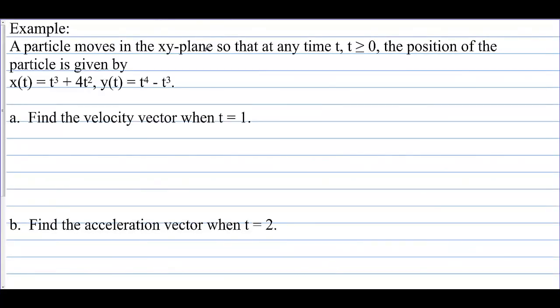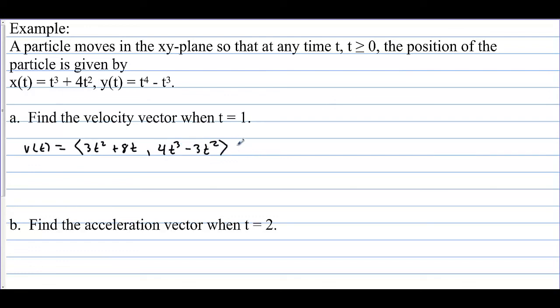Example: a particle moves in the xy plane so that at any time t, where t is greater than or equal to 0, the position of the particle is given by x is given by this function and y is given by this function. Find the velocity vector when t is equal to 1. So the velocity vector v of t is equal to the derivative of x, which is 3t squared plus 8t, and the y component is 4t to the third minus 3t squared.